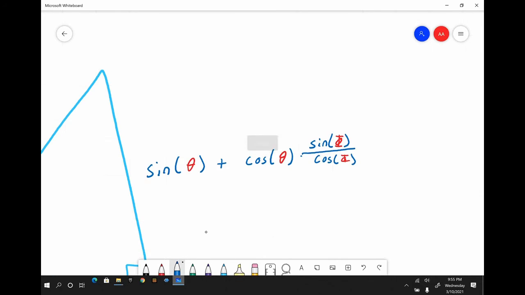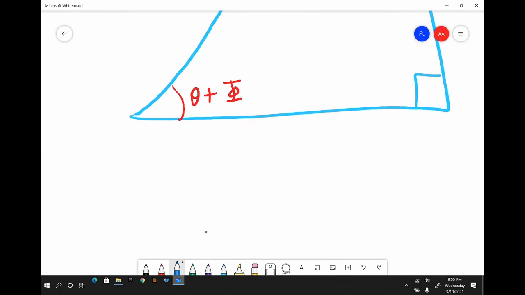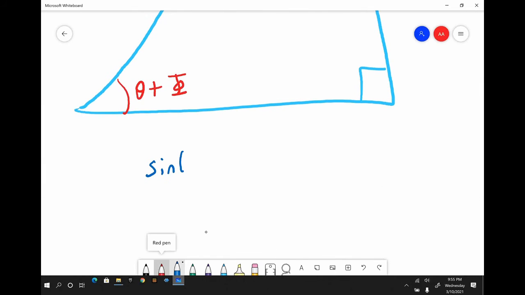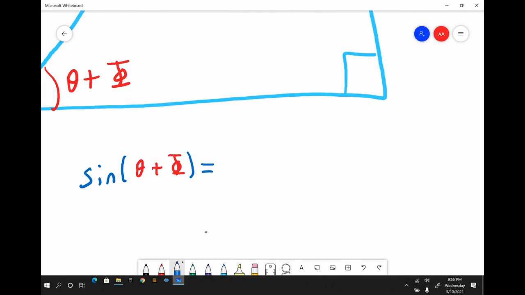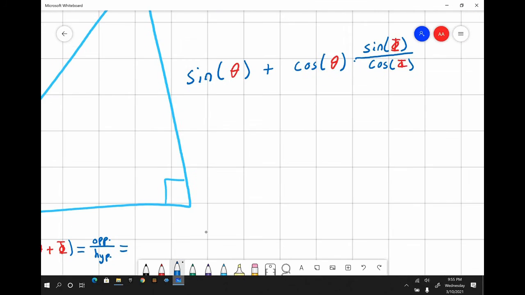So, using our trig functions, we know that the sine of any angle, in this case the sine of theta plus phi, is equal to the opposite over the hypotenuse, which for this case just happens to be that whole mess up there.